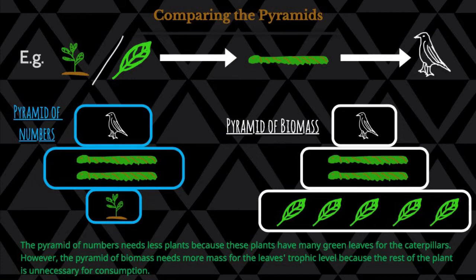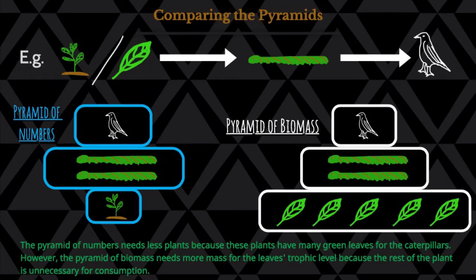Then for the pyramid of numbers, we're going to have a few birds. Let's assume we have 1 bird there, and then we have around 2 caterpillars, or maybe we can have 4. It's just that we didn't have enough space there to put more, but we can add more, maybe let's say 4, and then we have 1 plant. So that 1 plant has many leaves. That's what I want you to notice.